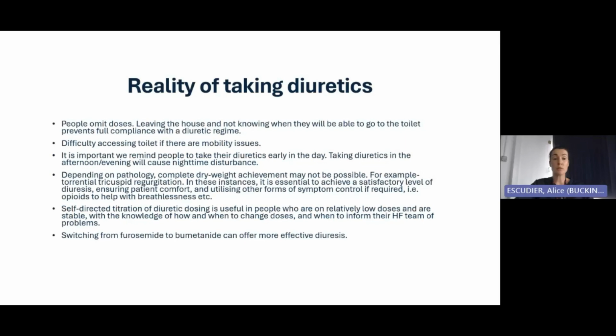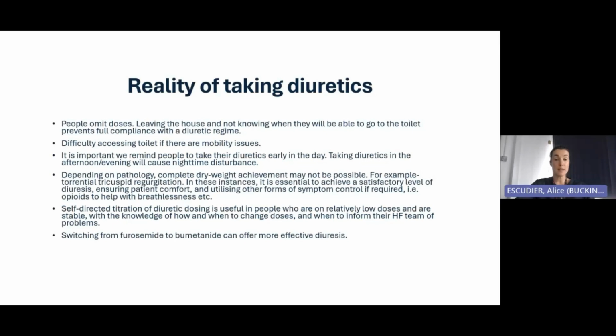For example, with something like torrential tricuspid regurgitation, we're not going to achieve a patient's dry weight. So it's essential in these situations to understand that, not push too hard to achieve a dry weight, and perhaps focus on patient comfort and quality of life, using other forms of symptom control, for example, an opioid to help with breathlessness if necessary.